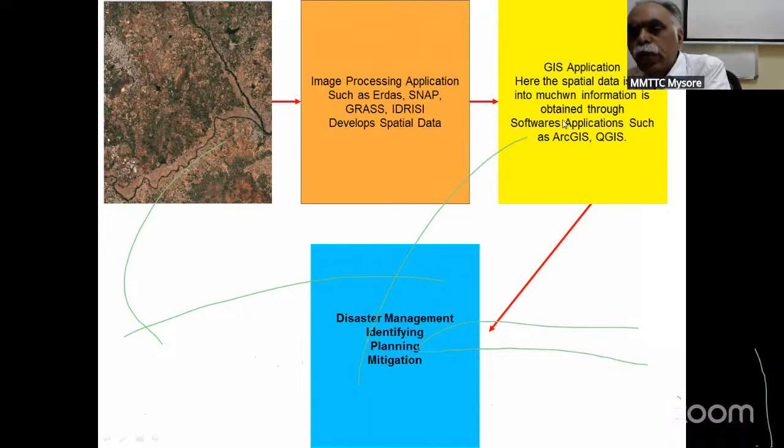In the GIS application platform, we are going to process the data and generate the actual required things, whether it is to identify a spot or to identify the magnitude, and what measures we can take. All this can be done in the GIS application platform. And finally, the disaster management outcome will be how to identify, plan, and mitigate. Mitigation means, what is mitigation?